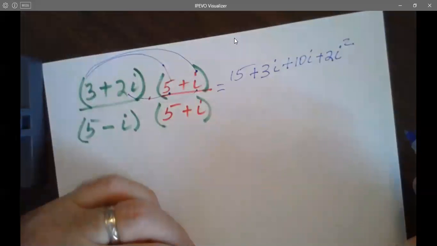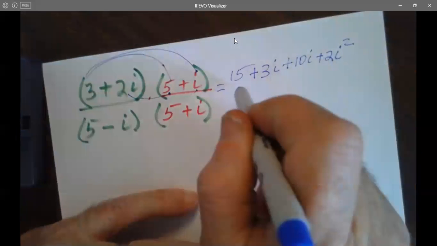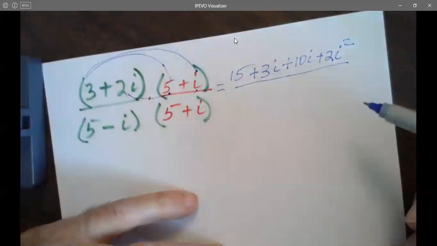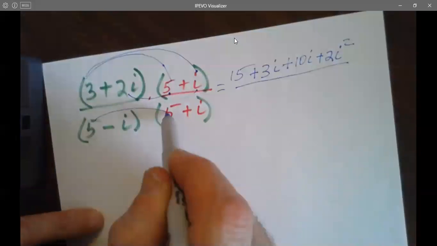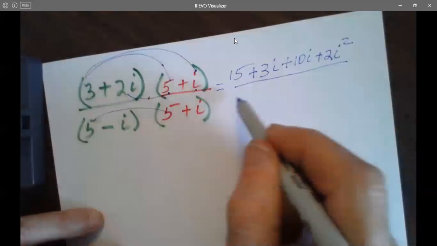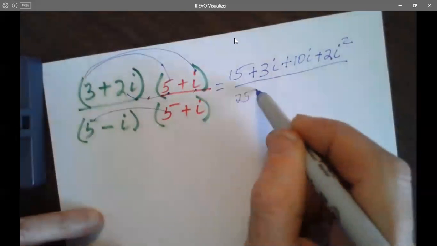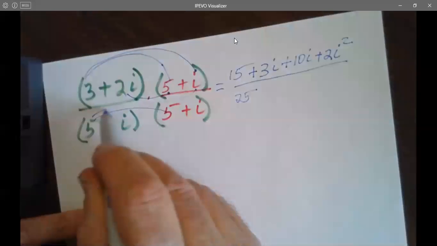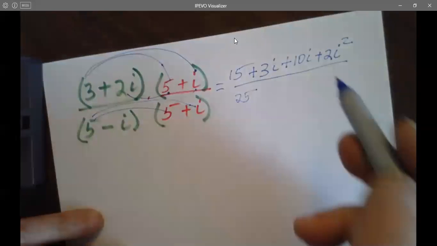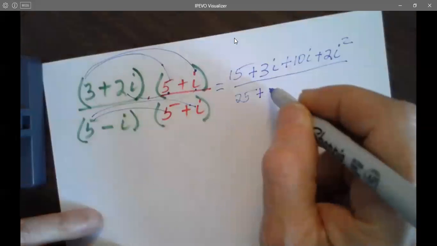Questions there? All right, so now we've got to do the denominator. So now we're going to multiply the two first terms. 5 times 5 is 25. Put that in the denominator for the other one. And then the two outer terms, 5 times 1i is plus 5i.